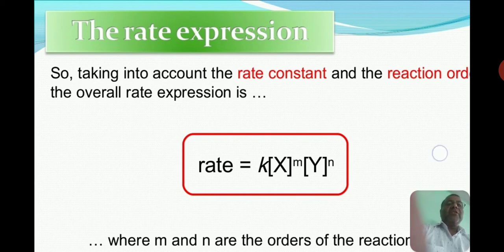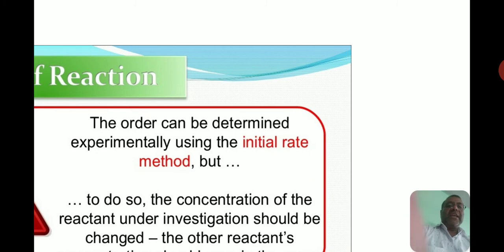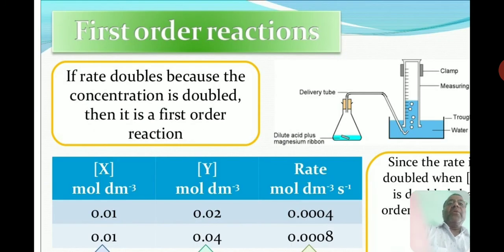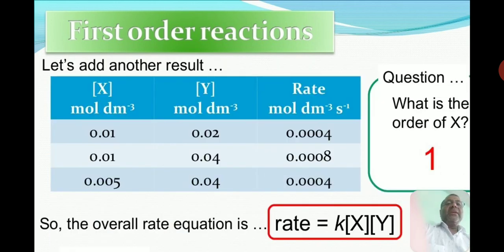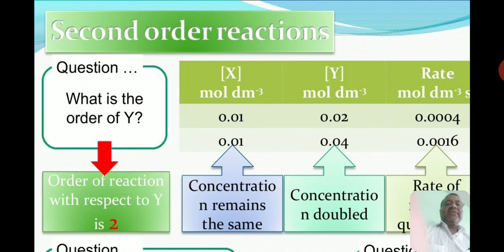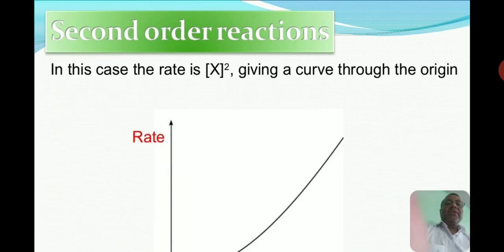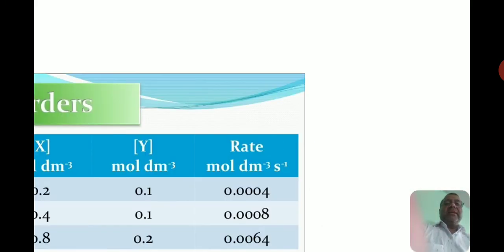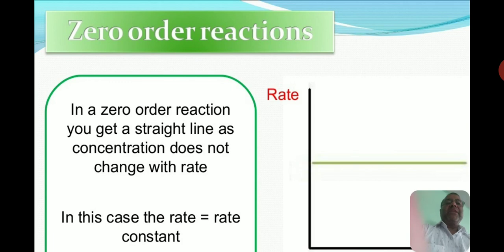So the rate law also indicates the order of reaction, which we have discussed. Thereafter we discussed first order reaction and second order reaction. What are the different formats of representing them? All these are clear in these slides. Sometimes we represent them in the form of a formula, sometimes graphically.